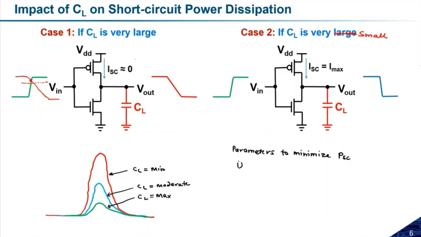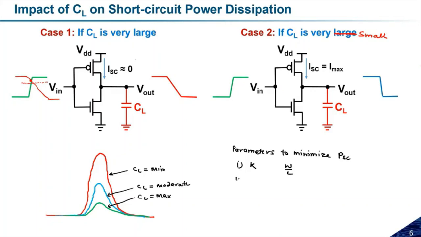The first parameter is K, the process parameter. K involves mu and Cox, which cannot be changed. Mu is the mobility, Cox is the oxide capacitance. If I have fixed the oxide, then Cox cannot be changed, but the W by L can be changed. So by changing the W by L, we can change this PSC.